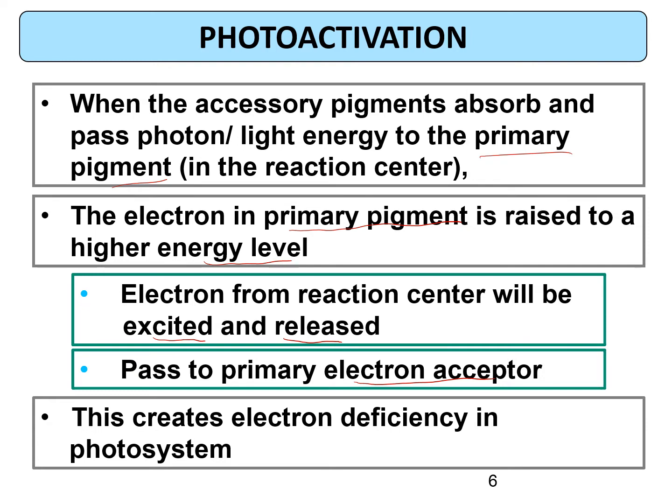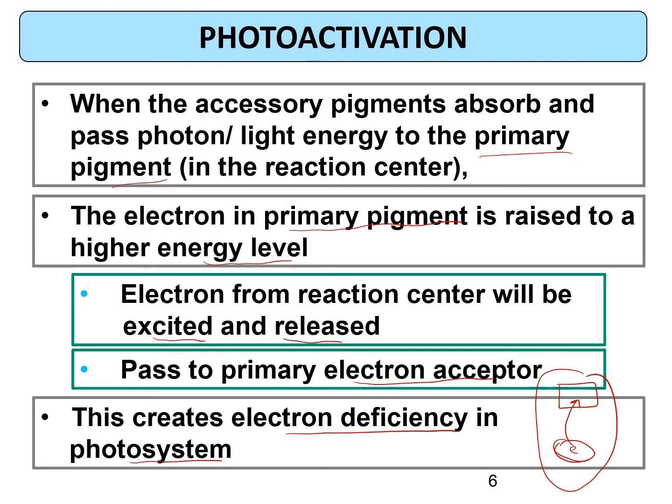The release of the electron from the reaction center will cause an electron deficiency in the photosystem. So remember the photosystem, the reaction center: this is the primary pigment and this is the primary electron acceptor. Electron from the primary pigment will be excited and released to the primary electron acceptor.